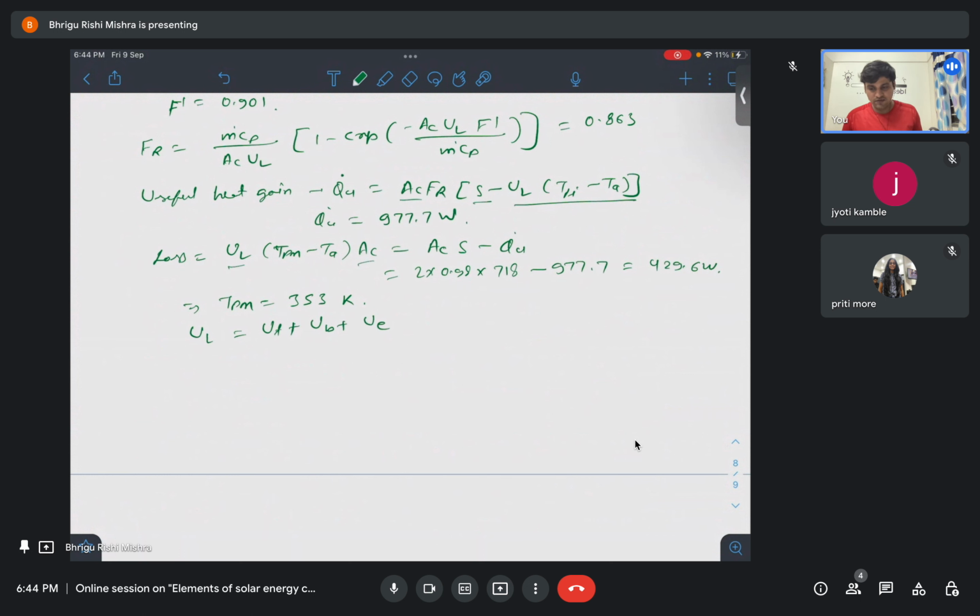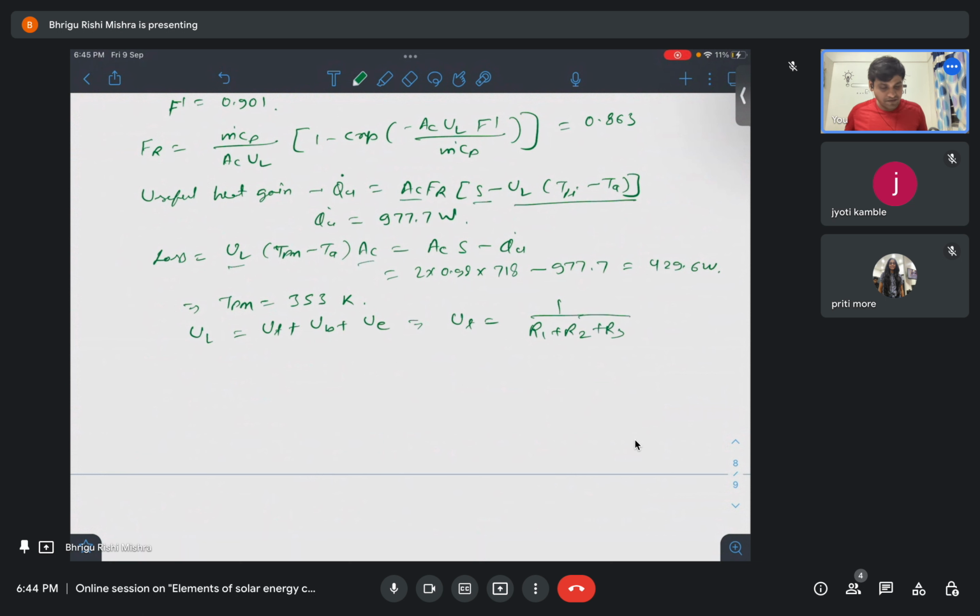If you remember the lecture, UT can be calculated as 1 by R1 plus R2, from the absorber plate to the cover plate, and then from the cover plate to the sky. If there are two cover plates, it is R3 also.